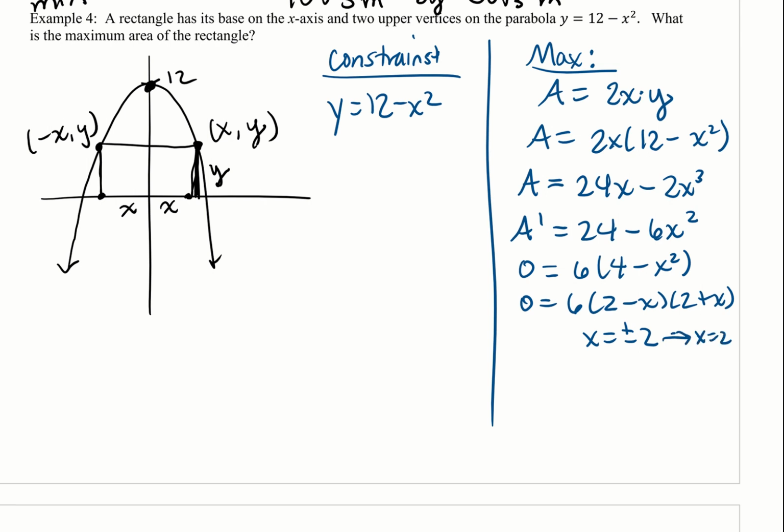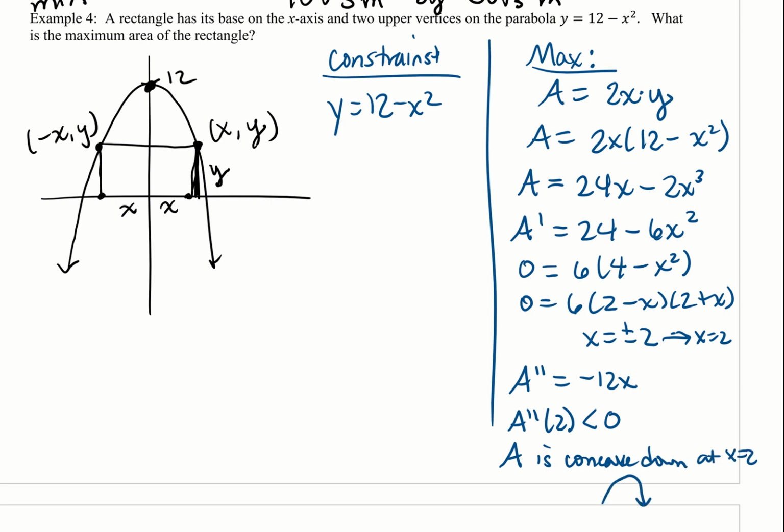And I'll now examine the second derivative here. The second derivative would end up being negative 12x. And if I evaluate that second derivative at my critical value of 2, I will get a negative 24, which is telling me that A is concave down at x is equal to 2.